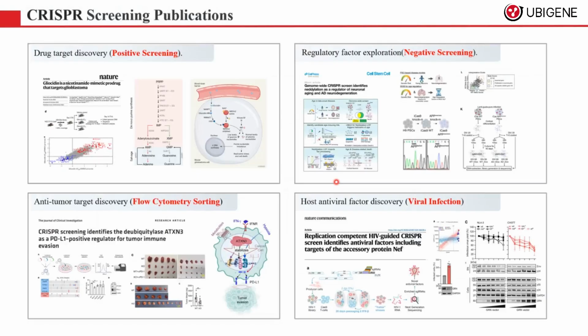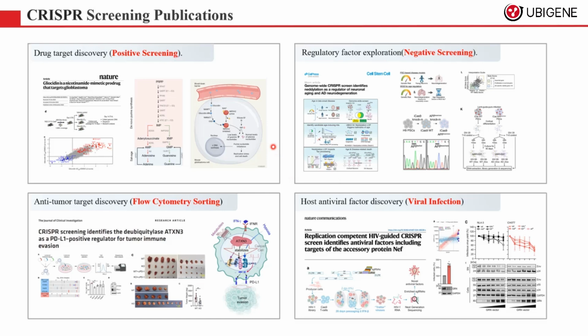So the application of CRISPR screening is becoming increasingly popular. We are seeing more and more high-impact articles using CRISPR screening methods to identify target genes. For example, positive screening is used to search for drug targets. Negative screening is employed to find regulatory factors.